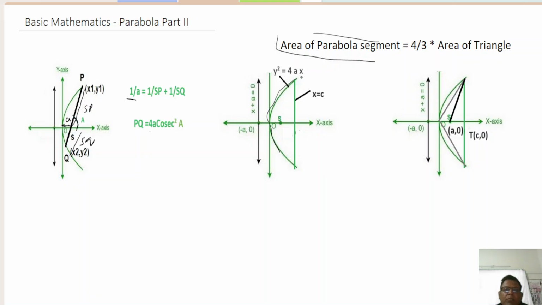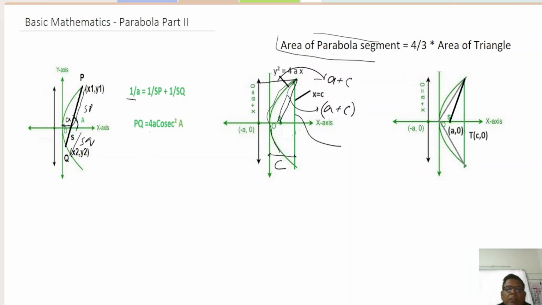Suppose this is y square is equal to 4ax and this is the line x is equal to c. That means here to here it is c, and this distance will be equal to this distance, and this is nothing but a plus c, so this distance will also be a plus c.